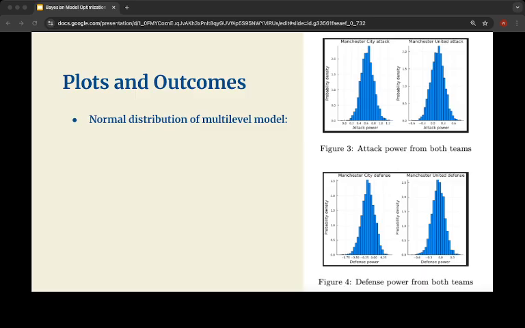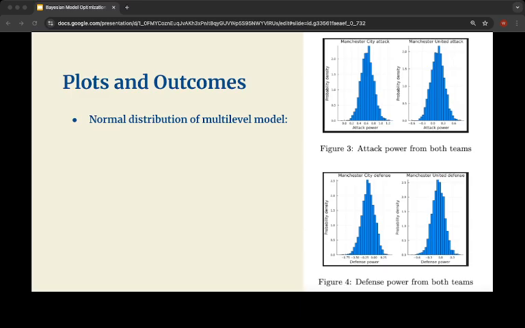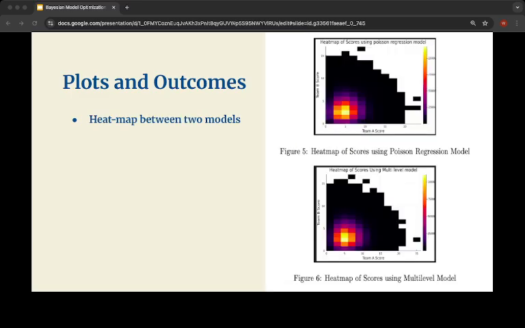The multi-level model team and the single-level model team have a very similar result here. And the heat map, as you can see, shows very similar performance, and we found it has way less computing time spent on the single-level model.